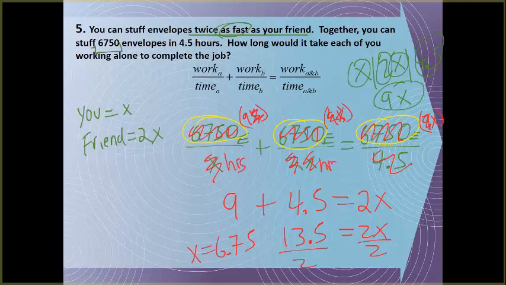I should have put that in the first part, but hopefully you forgive me. So this means 6.75 hours. That means you take 6.75 hours, and your friend is going to be twice that, which is 13.5 hours.